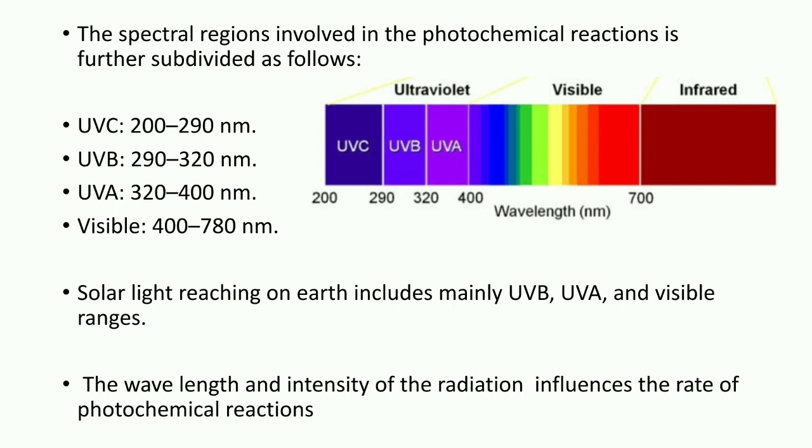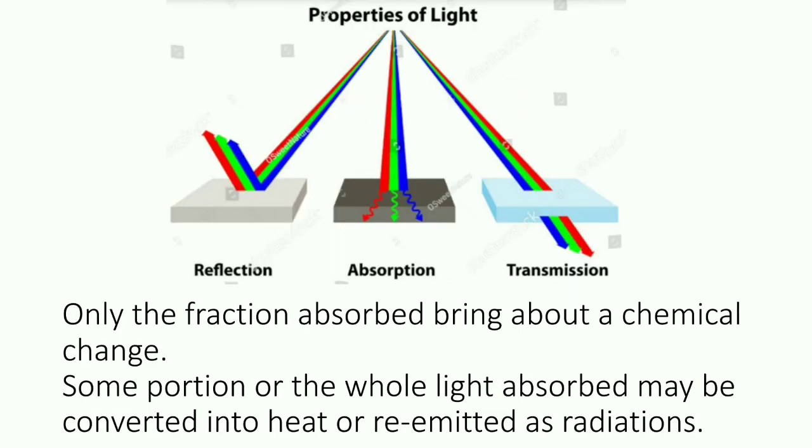Along with the wavelength, the intensity of the radiations also affects the rate of the photochemical reactions. When light falls on any substance, only the fraction of the incident light which is absorbed by the substance can bring about a chemical change. Reflected and transmitted light do not produce any such effect.